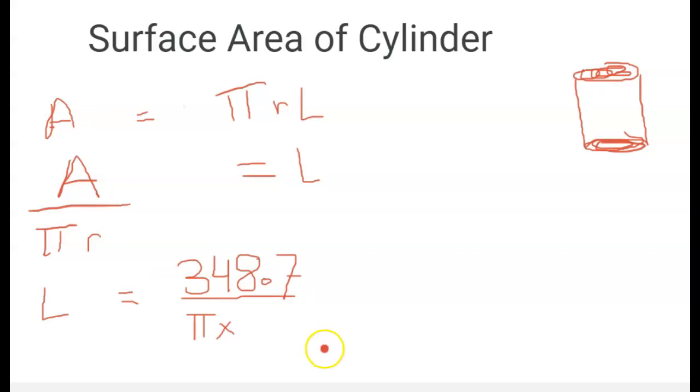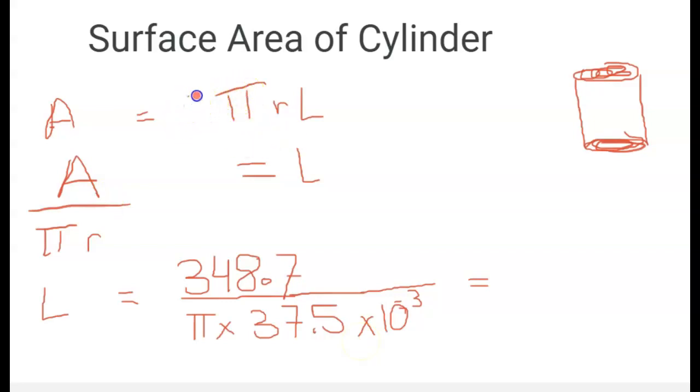So if the diameter is 75, the radius is 37.5. And I need to convert this into meters. It looks like it's going to be a very long heat exchanger. So I will put the values in and I will get an answer.